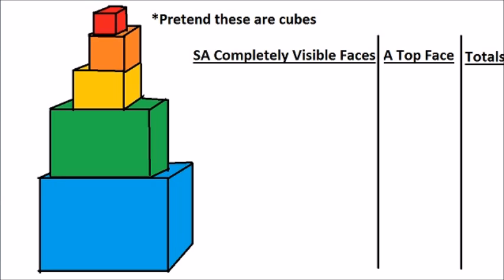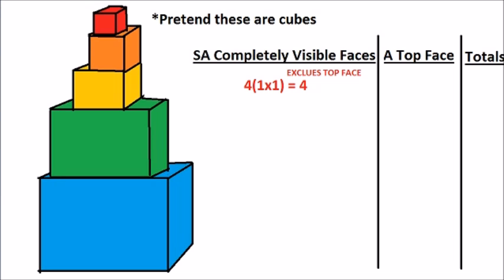So let's go back to the first column and the first cube, which is red. The surface area of the completely visible faces on the red cube, excluding the top face, is 4. Why? Well, this cube's faces each measure 1 by 1.